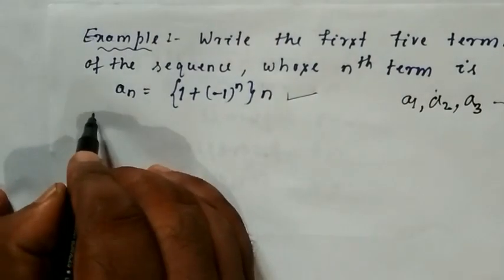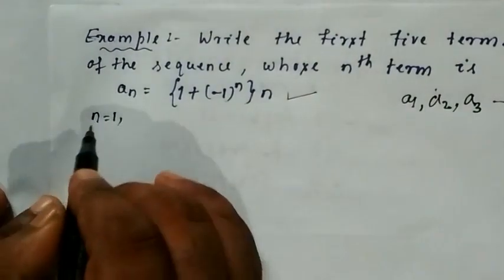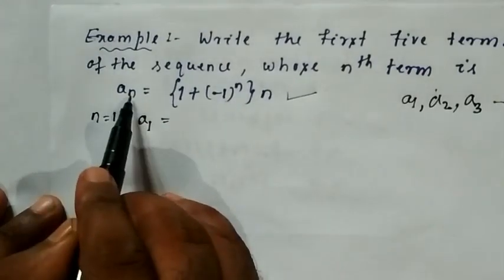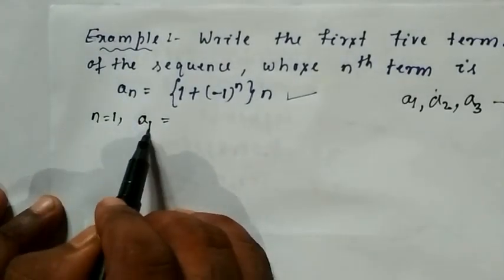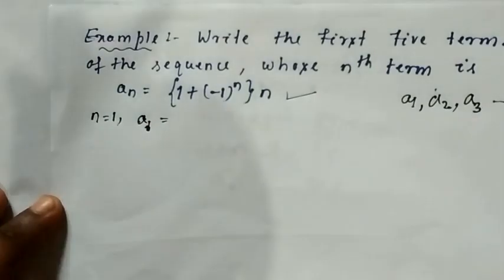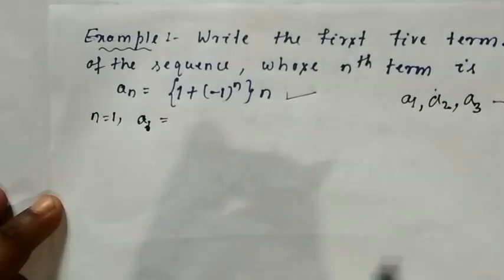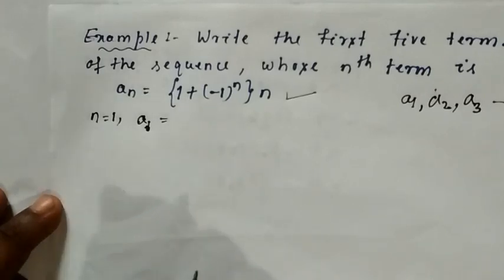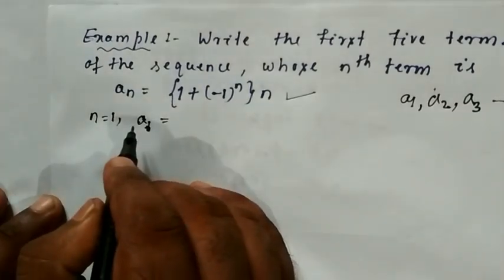That means if we substitute n equal to 1, you will get a1, which is the first term. For the second term, n is equal to 2. For the third term, n is equal to 3. For the fourth term, n is equal to 4. For the fifth term, n is equal to 5.